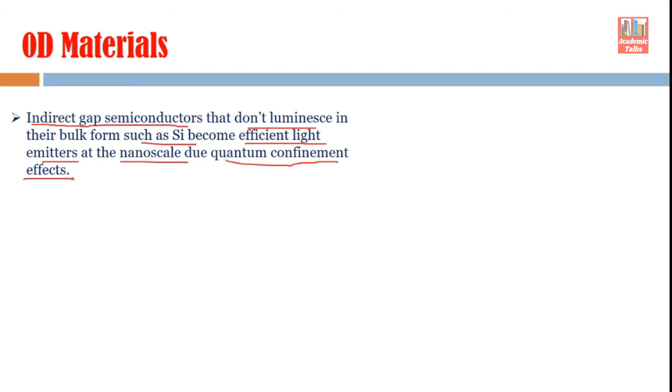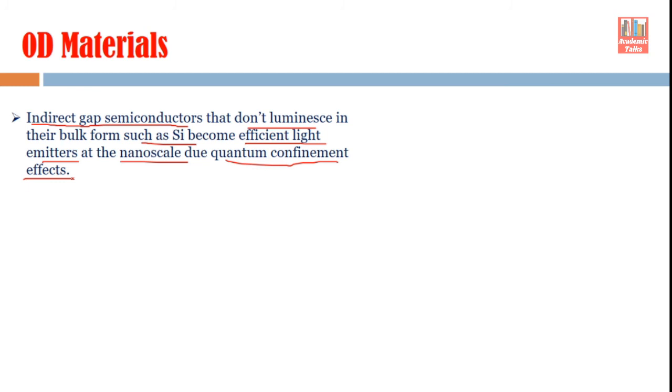But the interesting thing is that when we use silicon in the form of a quantum dot, meaning when we reduce its dimensions below the exciton radius, or when we make its dimension comparable to the de Broglie wavelength, at that time quantum confinement effects occur, and this material also starts emitting light, right?